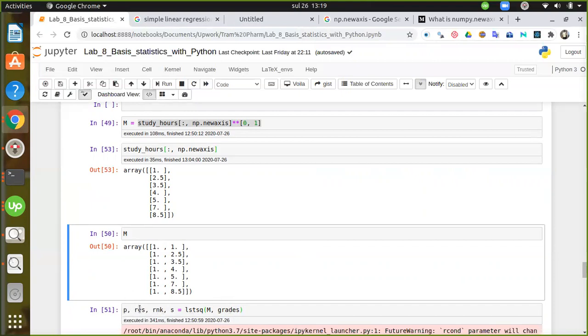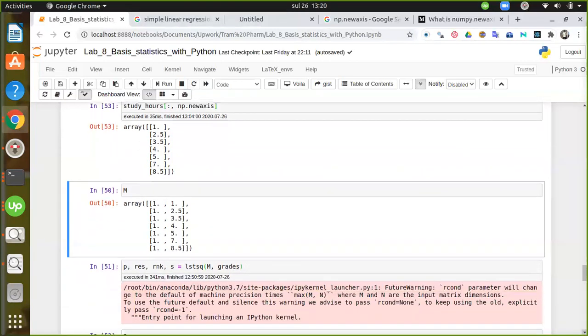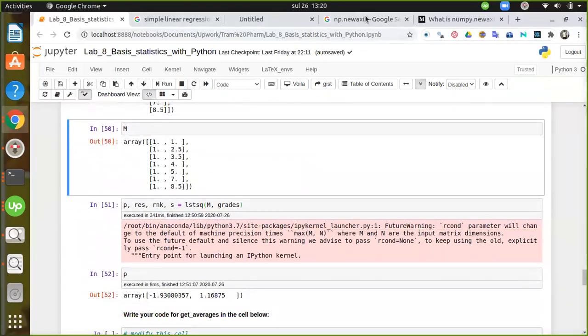The second value is the residuals, the error for each of the students. The rank, the number of rows different from 0, and S, I don't remember, but you can look for it. But what interests us here is the weights. So your function do regression should finally return just P. I don't know if you understand.